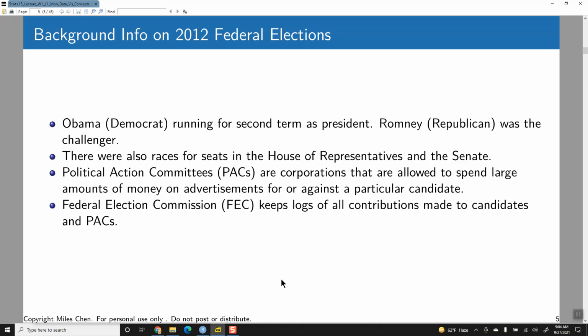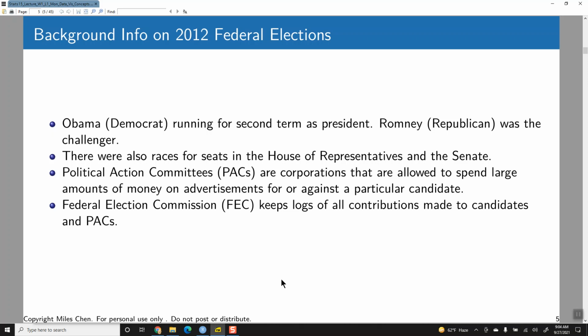Obama was running for a 2nd term as president, and Mitt Romney, the Republican candidate, was the challenger, with his vice presidential candidate, Paul Ryan. During that election cycle, there were also races for seats in the House of Representatives and also the Senate.